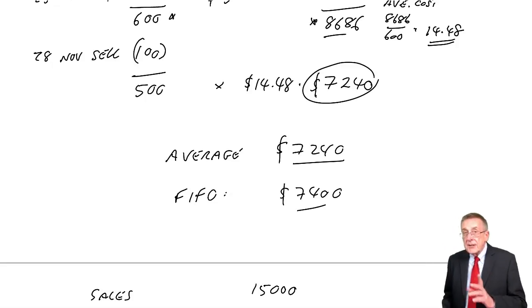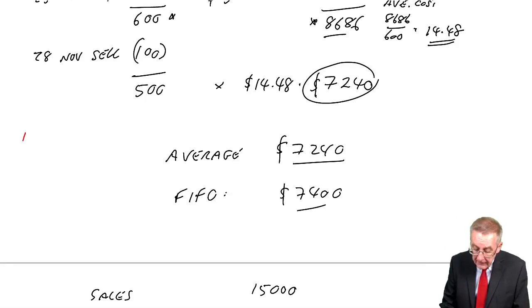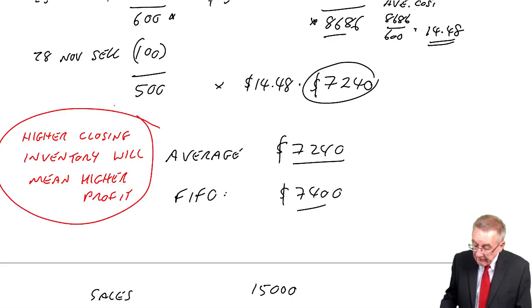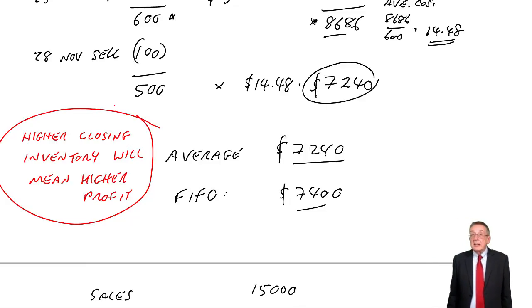And do be clear, because this could be asked all on its own, higher closing inventory will mean higher profit. And so in this case, valuing using the average method would be a lower profit. Valuing using FIFO would give a higher profit.